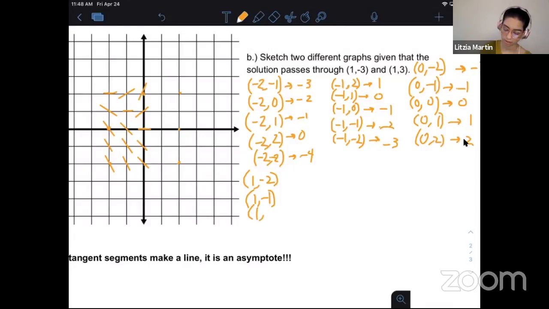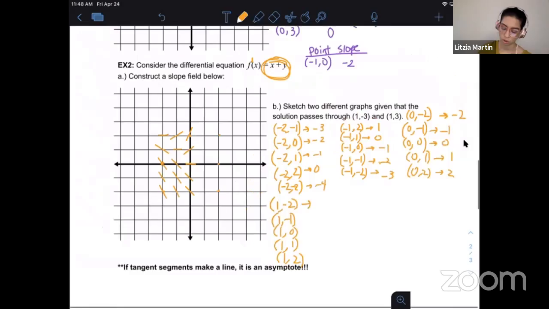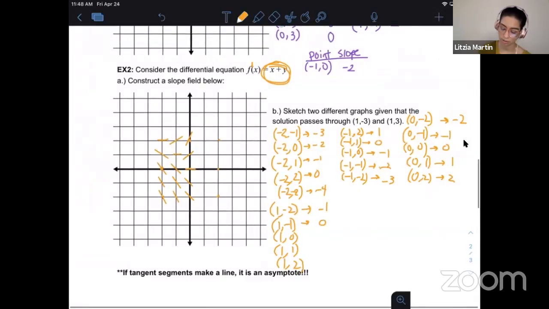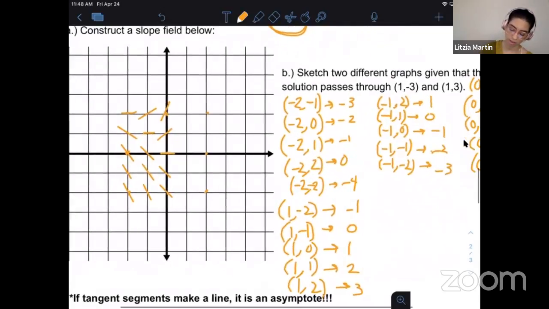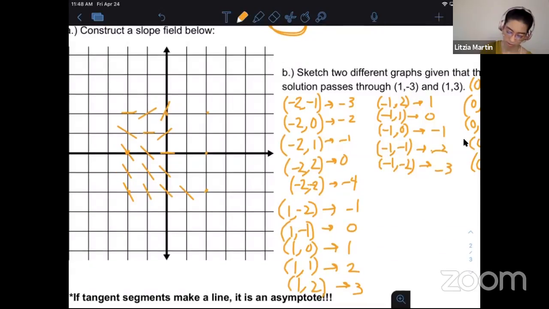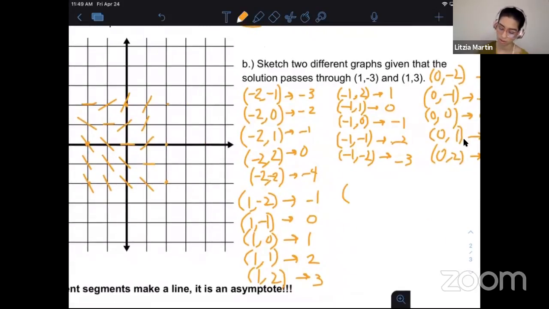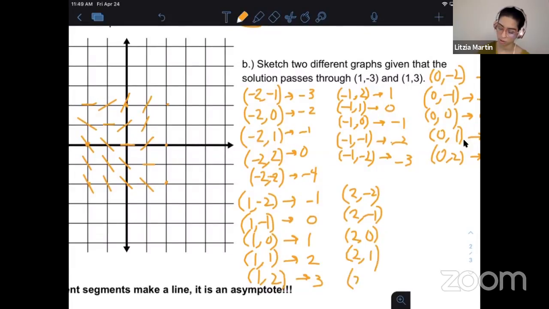Okay, so we get -1, 0, 1, 2, and 3. And then we come back. -1, 0, 1, 2, 3, and then the last one, 2, 2.